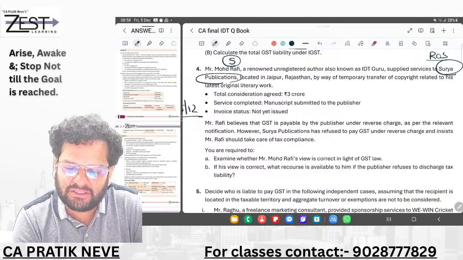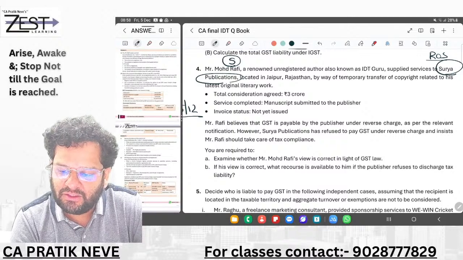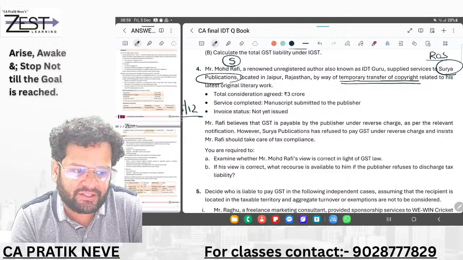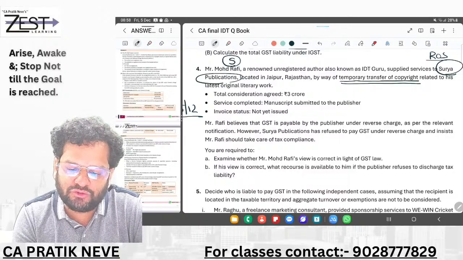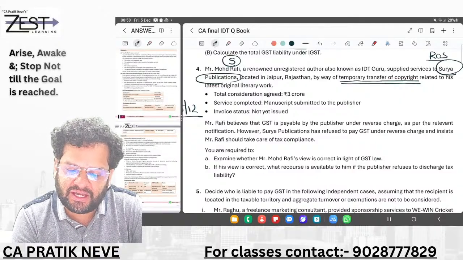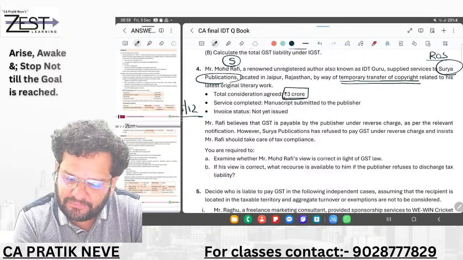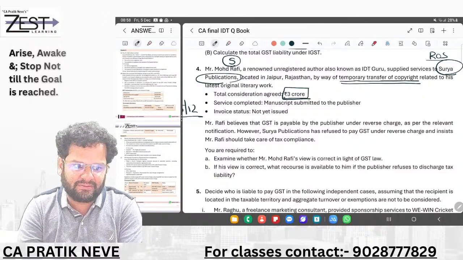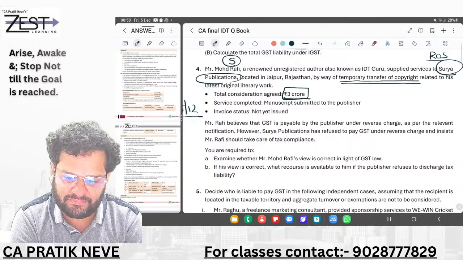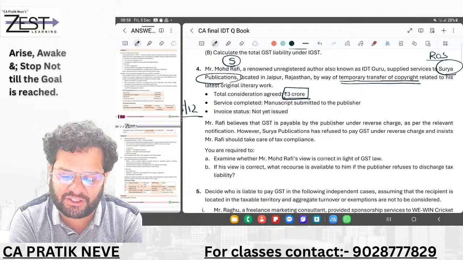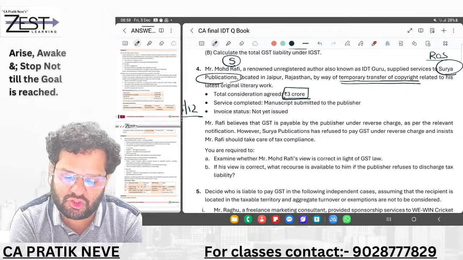Located in Jaipur, Rajasthan, by way of temporary transfer of copyright related to his latest original literary work. Now, total consideration agreed is 3 crore rupees. Service completed is manuscript submitted to the publisher. That is the status. Invoice is not yet issued.